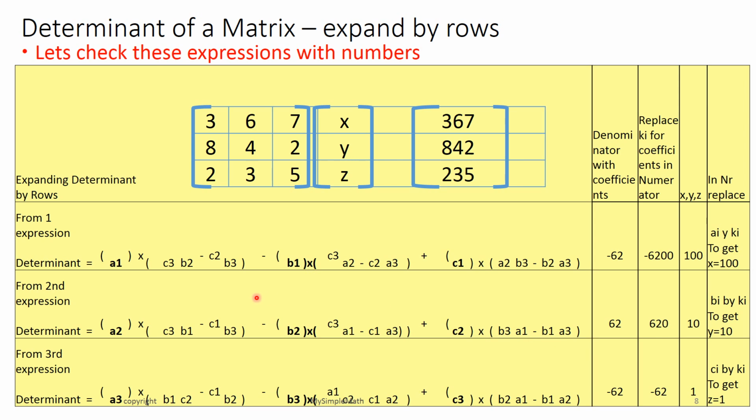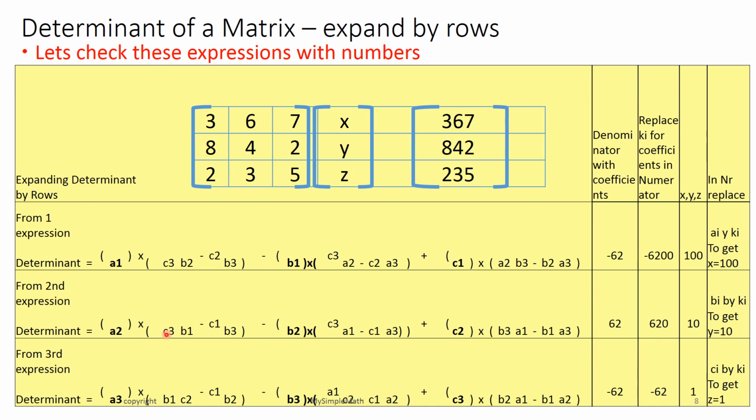Now that tells me that you can expand the determinant by the rows, you can expand the determinant by the columns, and the algebraic equations are correct. They can be rearranged. That is, these two can be rearranged in expression 1 to give determinant expansion by columns.